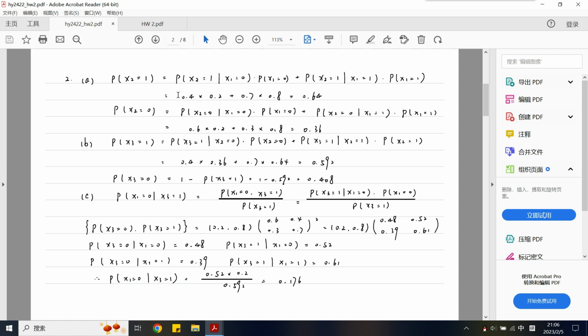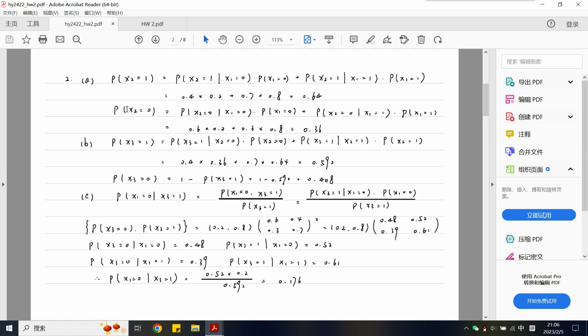After that, we put the data into this formula and finally find that when x2 is 1, the probability of this event is 0.64.